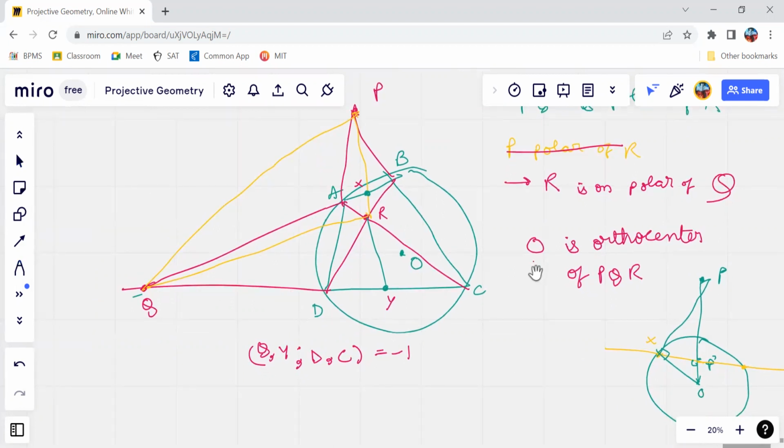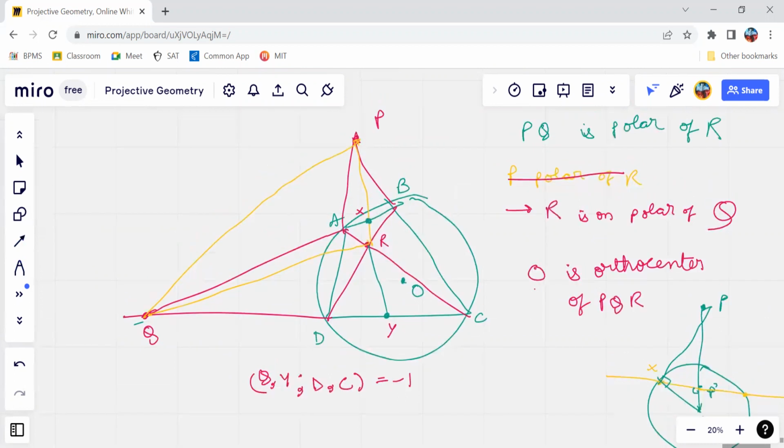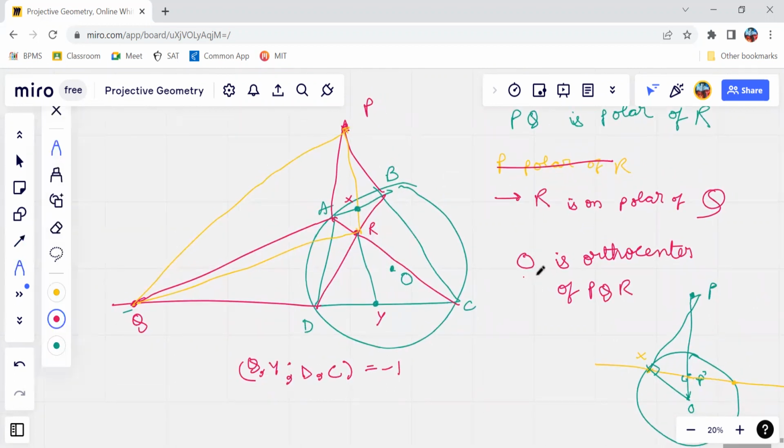Suppose we want to show that R is on the polar of Q, that this line is the polar. In other words, we want to show that these points X and Y lie on the polar. By what we just saw, if tangents exist like this, let's say M and N, we want to show that that coincides with this.